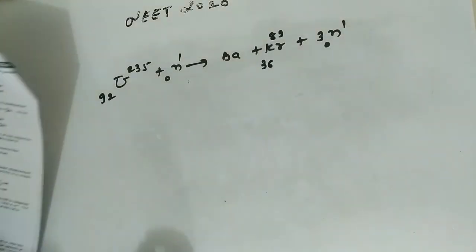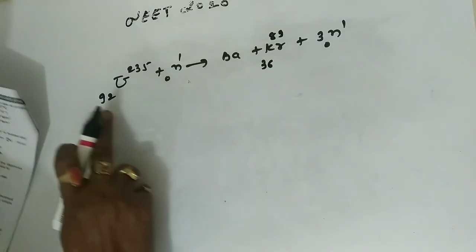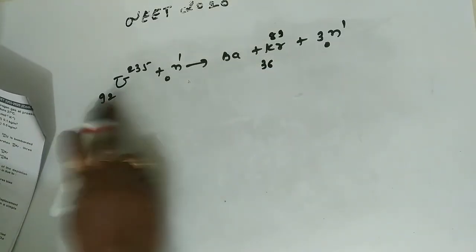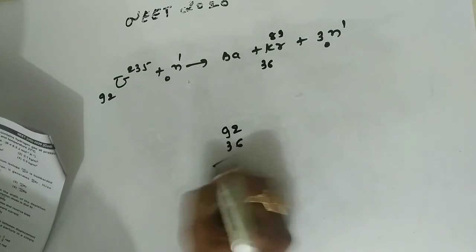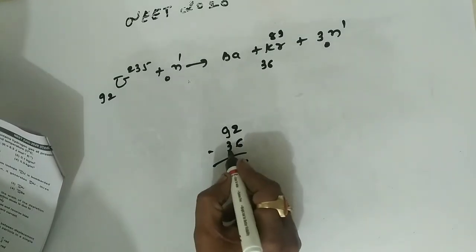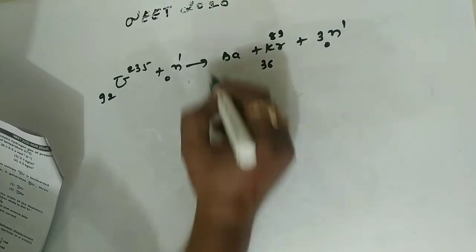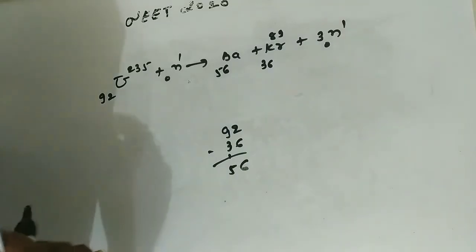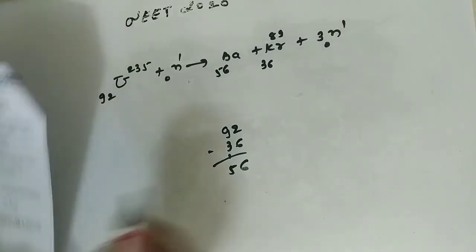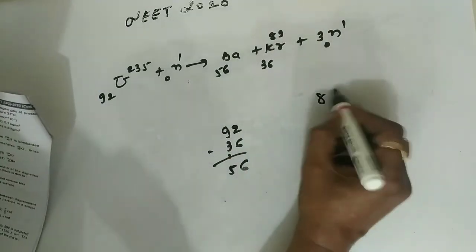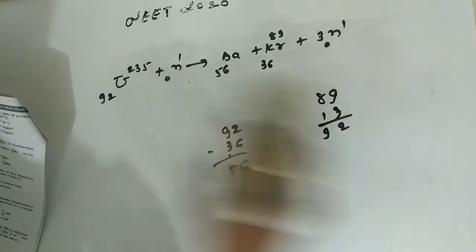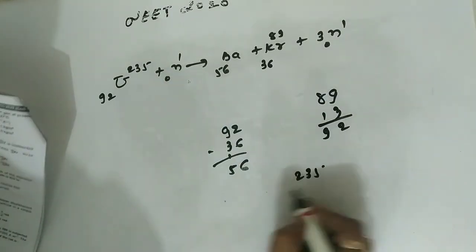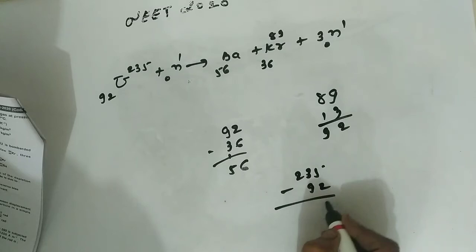So 36 here, I want to balance it, it should be 92. 92 minus 36 is 56. Is it clear? So barium 56. What is the remaining? 235 minus 92, how much?